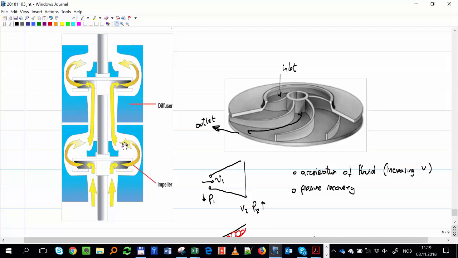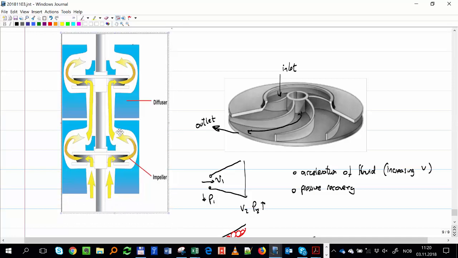Okay, the diffuser is, yeah, it's not here, but should be, it's here. So we have impeller, diffuser, and we have a rod that goes through all stages, making them rotate. You see here it has a system.